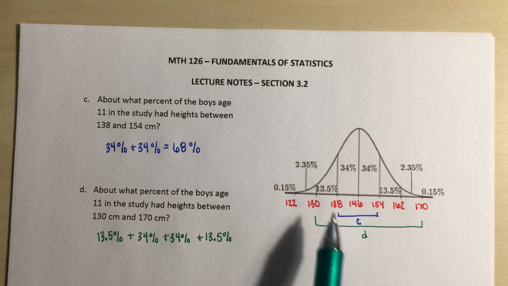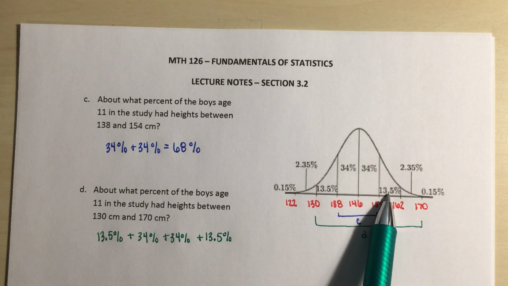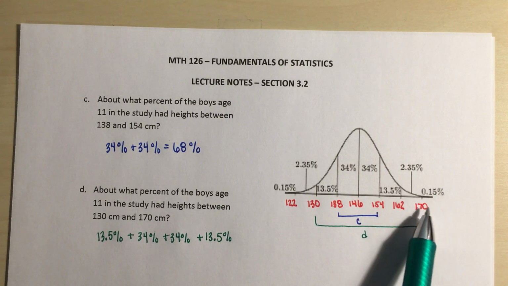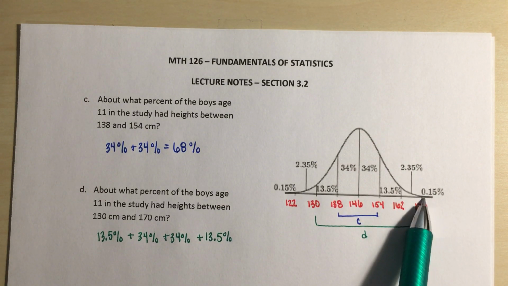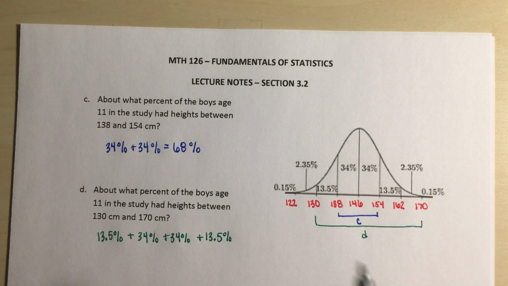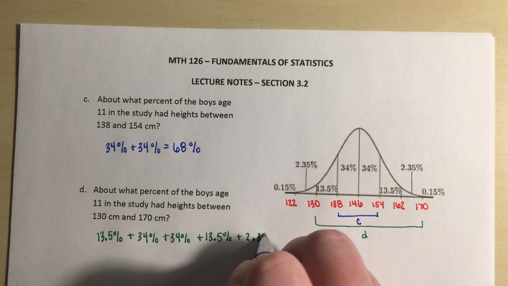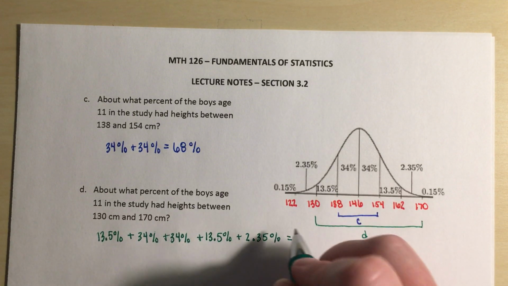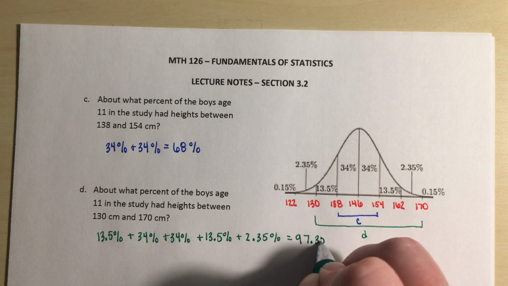So we've got this region, this region, this region, this region, and then we're going to add in this final 2.35%. This 0.15% is over in this little teeny tiny part of the tail, but our 2.35% is out here. So we're going to add this 2.35%, and we're going to get a total of 97.35%.